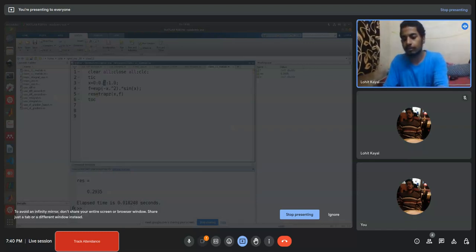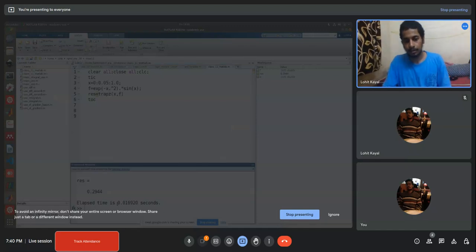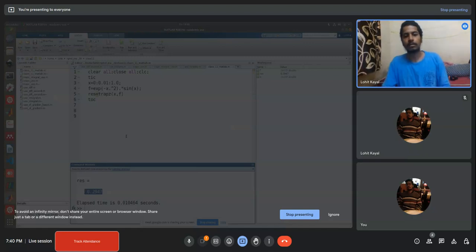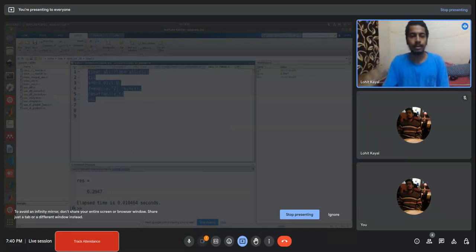Now I need to increase this, 0.05 maybe. Time required is this, and 0.01. Yeah, now it is giving me the answer 0.2947. Okay, so you can see that here I have used tic and toc just to show you how much time is required for both of the methods.